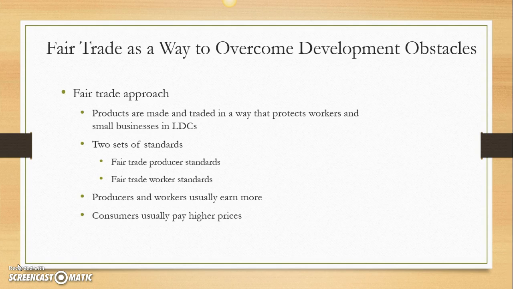And then last but not least, we ended our lecture and we talked about fair trade as an approach to development and as a way to help overcome some of those obstacles to development, right? And by the way, producers who make more money and workers who make more money, they spend more money, they pay more in taxes, and so it ends up being kind of a virtuous cycle for governments.